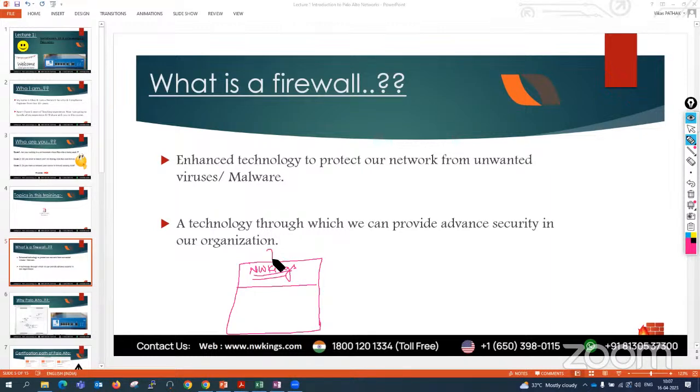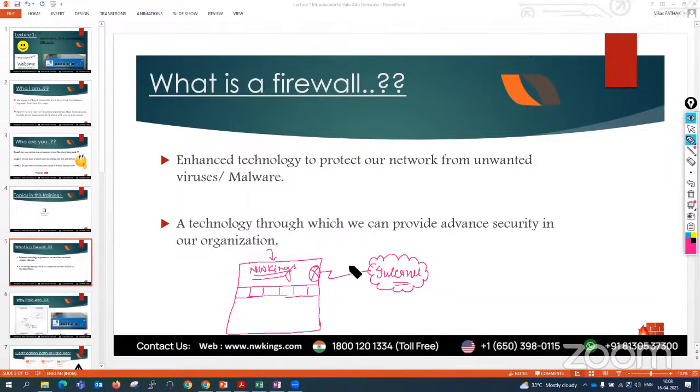This is the building of the organization, and inside the building we have different clusters where different users are sitting, correct? With the building, I have a router over here. On the router, a link is connected. That link is coming from the ISP, and from that link I am connected with the internet, correct or not? This is the basic fundamental of internet connectivity.